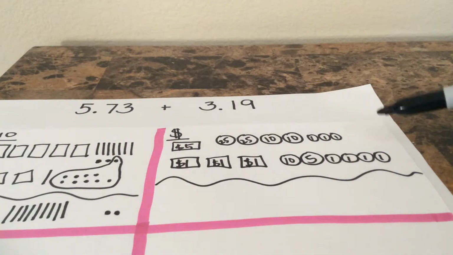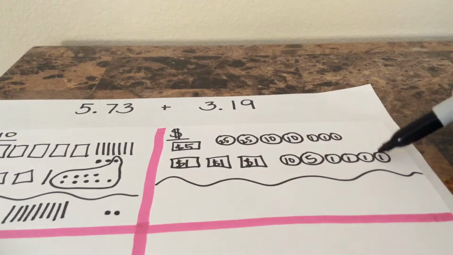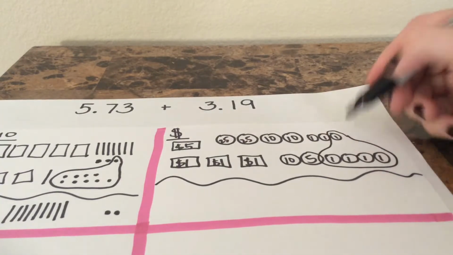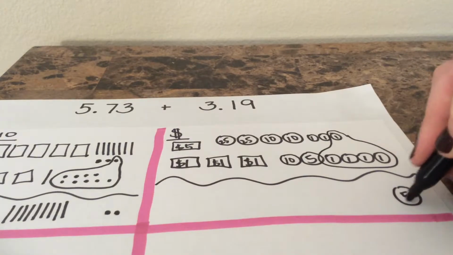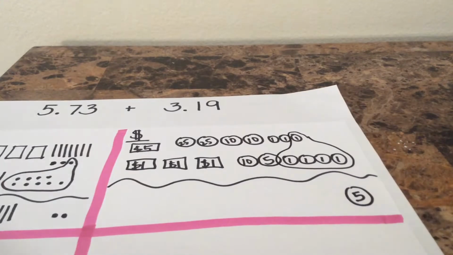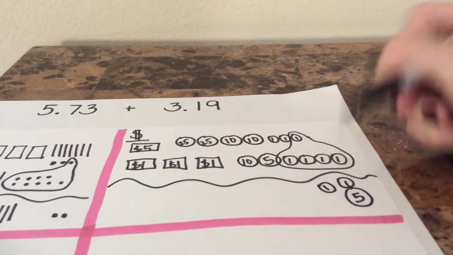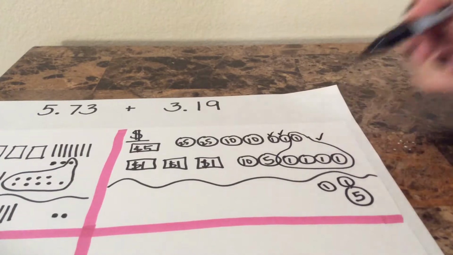Here I'm going to add my small coins first to see what I can do with those. So let's see if I can make a nickel. 1, 2, 3, 4, 5. I sure can. So I clump all of these together and I create myself a nickel down here. All right. Now I have 2 more pennies. That's not enough. So I'm going to put my 2 pennies down here. So I'm done with all of these.